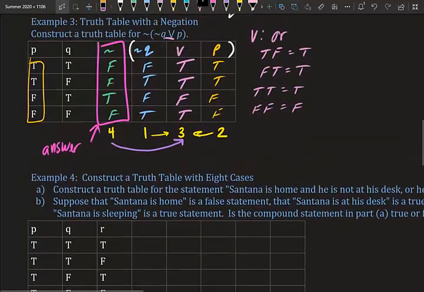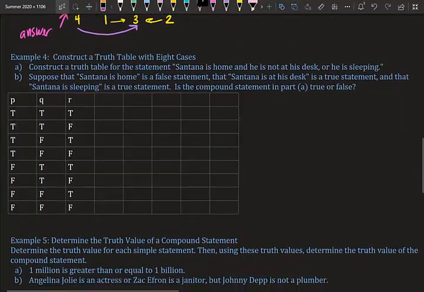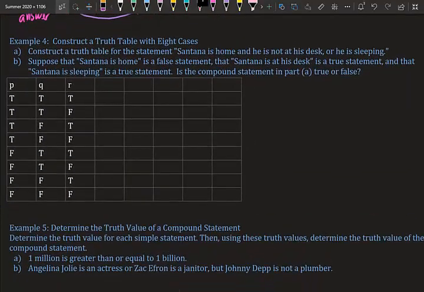All right, example 4. Let's construct a truth table for the statement: Santana is home and he is not at his desk, or he is sleeping. So, Santana is home. That can be our P. We have our connective of and. He is not at his desk, so he is not.